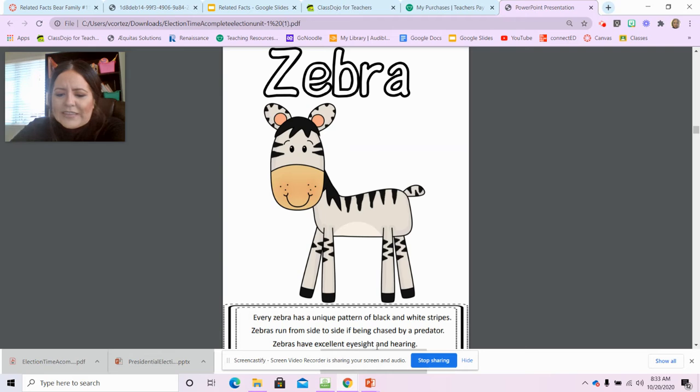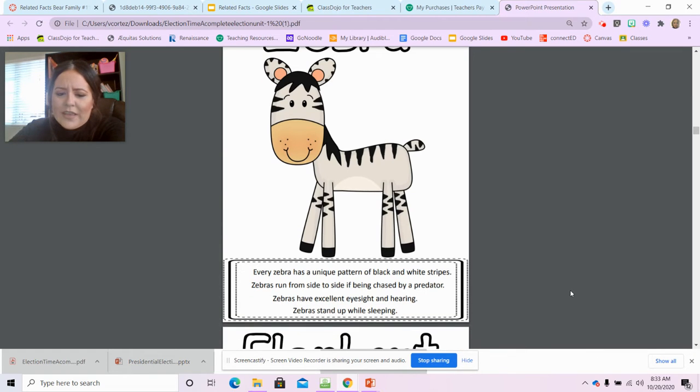Zebras have excellent eyesight and hearing. So they can see and they can hear very well. Zebras stand up while sleeping.